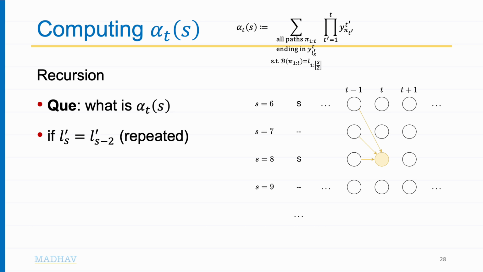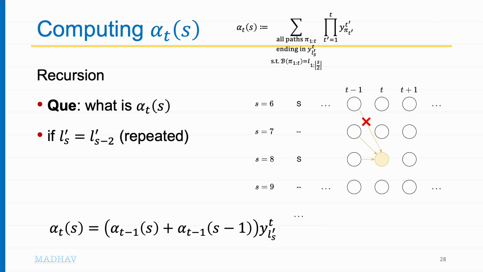Yeah, again, this path will not be allowed. You cannot jump from one s to the next s because then they will be deduplicated to become a single s. But we want double s, so blank must be there. So you want to come from here to here, then come via the blank. This path is not allowed. Come via blank or come via this s. All right. So we have now handled all three possibilities.